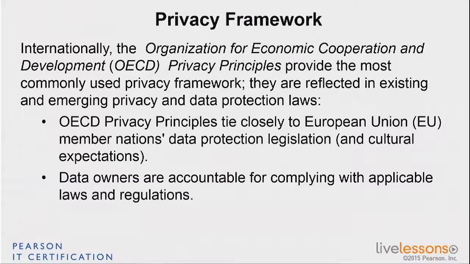And data owners are accountable for complying with applicable data laws and regulations. And you want to always remember that you have to think local. You're acting global, but think local. So if your data is in a location that does have a privacy framework or privacy laws or regulations or customs, you will be expected to comply with those.